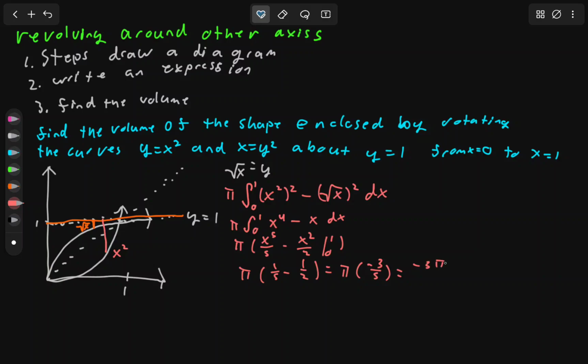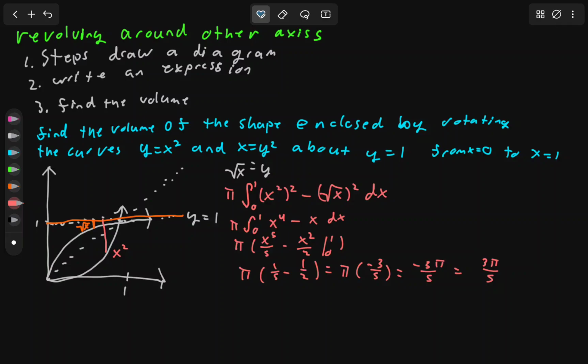So -3/10 pi. Now give me one moment to fact check something. I believe this volume should be 3 pi divided by 10. The reason that this negative showed up is because this curve is really just beneath the axis of rotation.